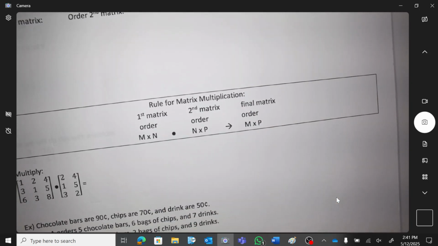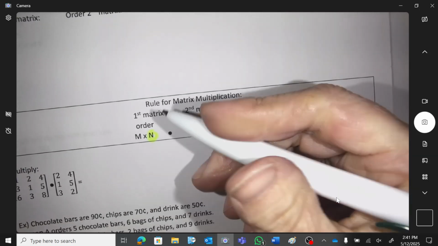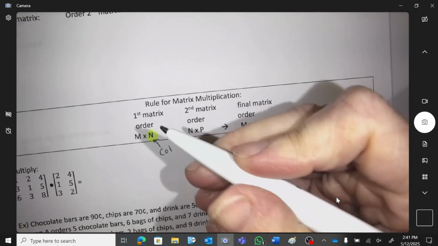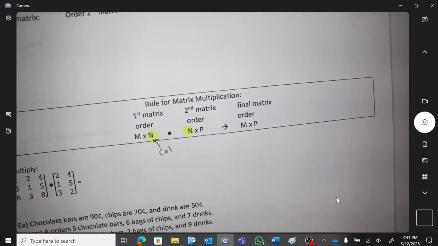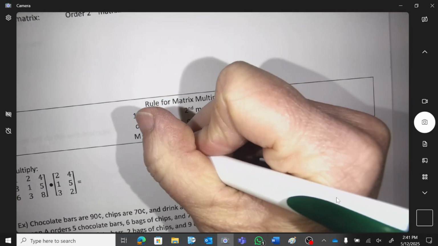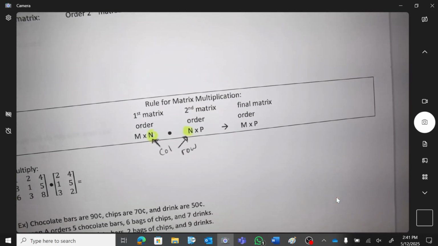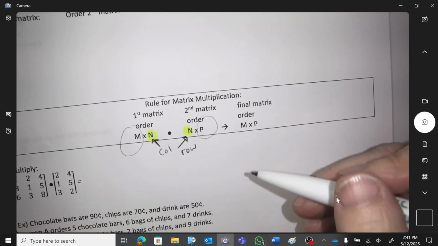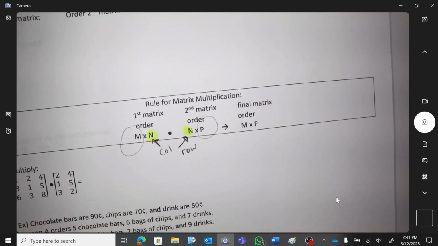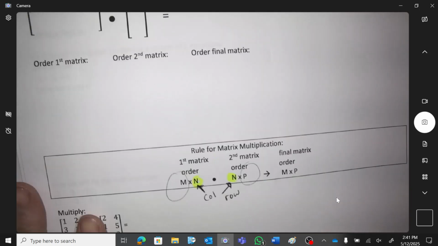What you're worried about is the columns have to match the rows. These columns have to be the same as these rows. That's what has to happen. The result is that. Okay, so that's the rule. So here we go.